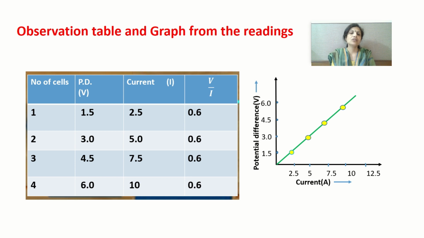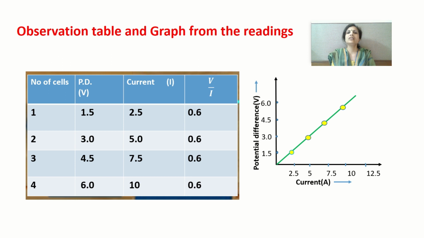This relation is also called a linear relation because the nature of the graph is a linear graph. So, potential difference and electric current have a linear relation between them. They are directly proportional to each other. If you increase one quantity, the other quantity will also increase.